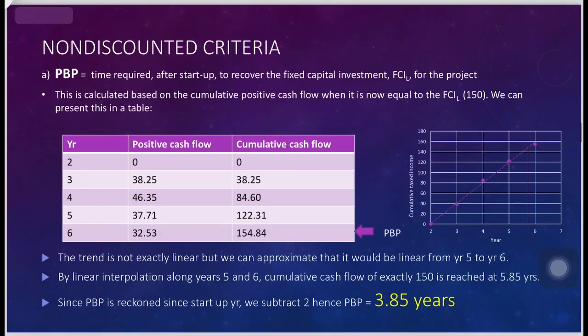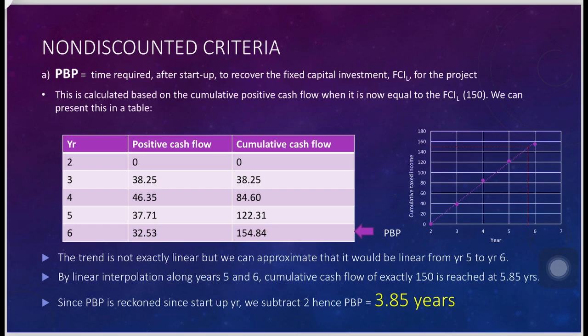Now for the non-discounted criteria, the payback period is the time required after startup to recover the fixed capital investment for the project. So this is calculated based on the cumulative cash flow when it is now equal to the FCI, which is 150.